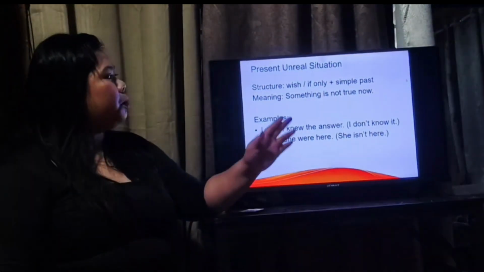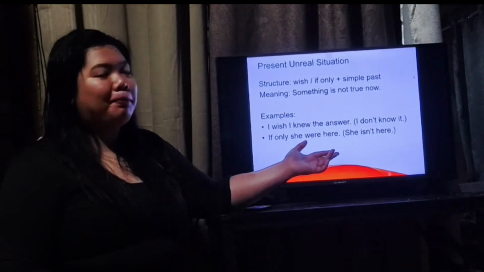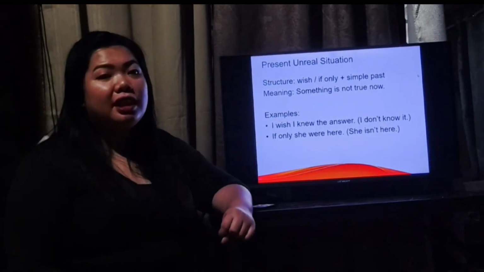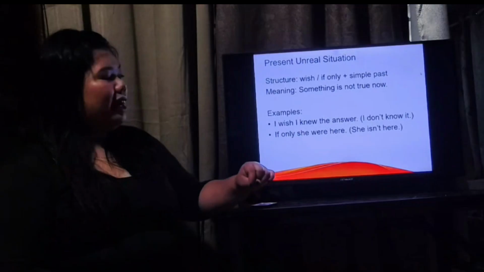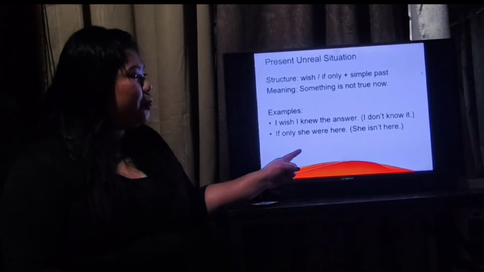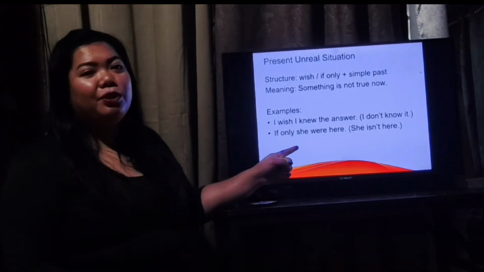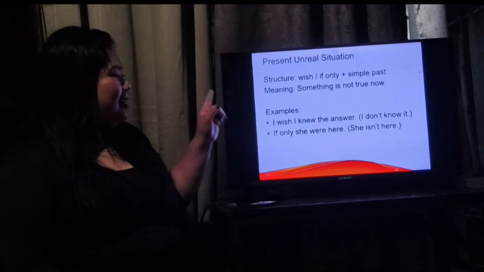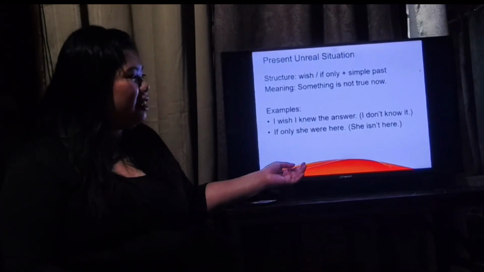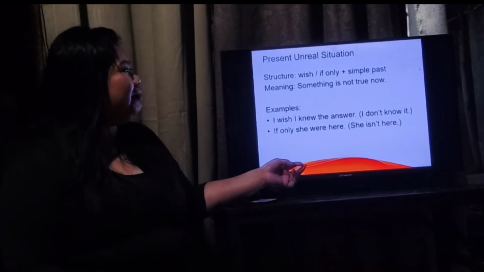For the present, the structure is wish or if only plus simple past, meaning something is not true now. Examples, I wish I knew the answer, even though I don't know it. Second, if only she were here, meaning she isn't here.